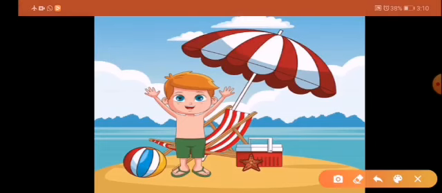Okay, if we look at this picture, where is the matter in this picture? Yeah, excellent. The umbrella. It takes up space from the ground, so the umbrella is matter. The water in the ocean or the sea takes up space, so it's also matter.